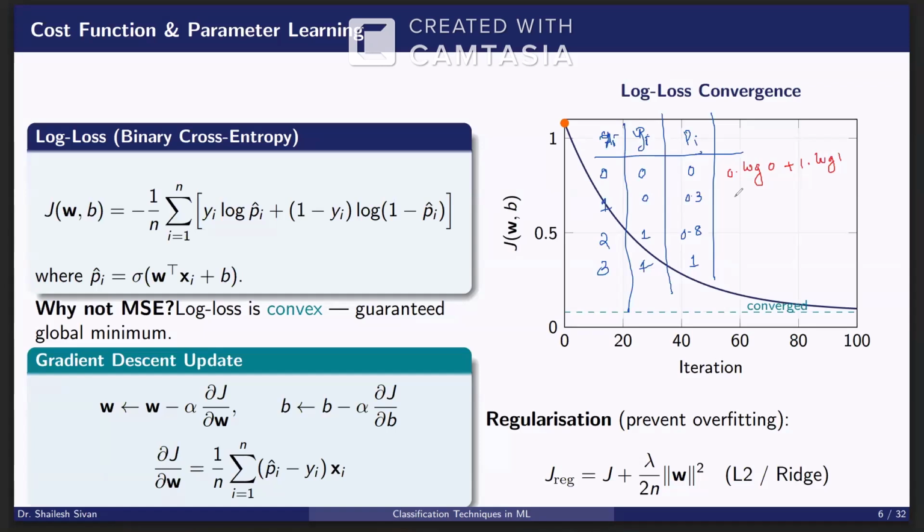And here, yi is 0 into log 0.3 plus 1 into log 0.7. Here it is 1 into log 0.8 plus 0 into log 0.2.